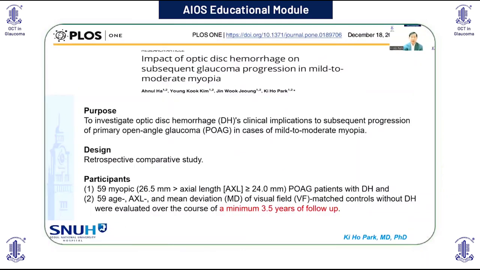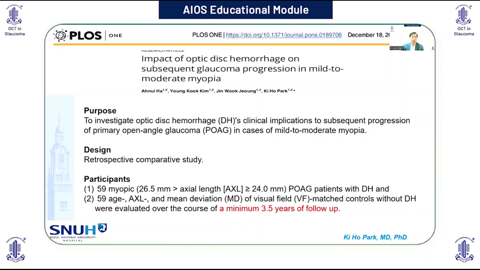The last part is disc hemorrhage in myopic eyes. In myopic eyes, the prevalence of disc hemorrhage is lower than in non-myopic eyes, but if it is detected, it helps to diagnose glaucoma, because disc hemorrhage itself is quite specific for glaucoma.